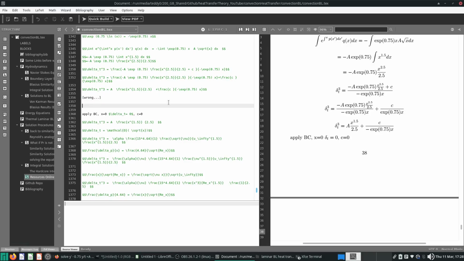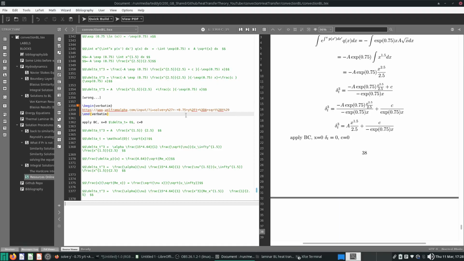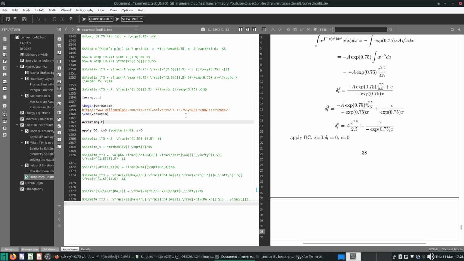So I'll begin verbatim so that I can paste this here. This is what the solution is supposed to be according to Wolfram.